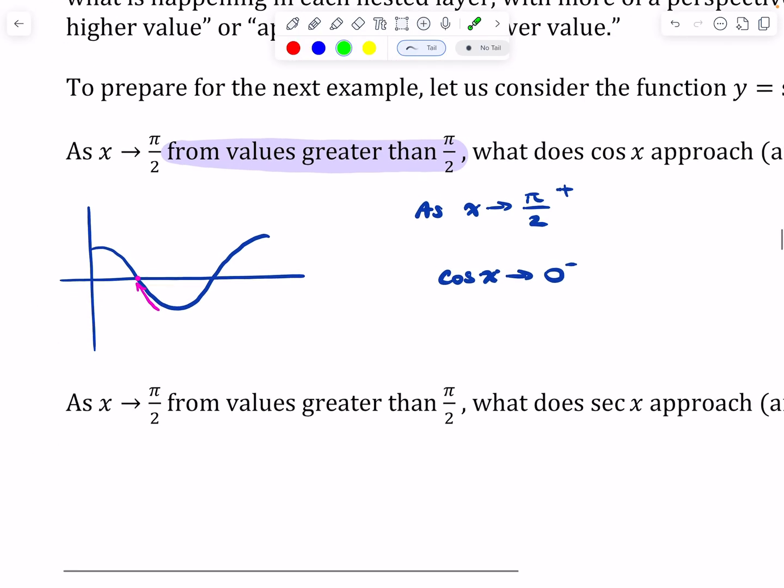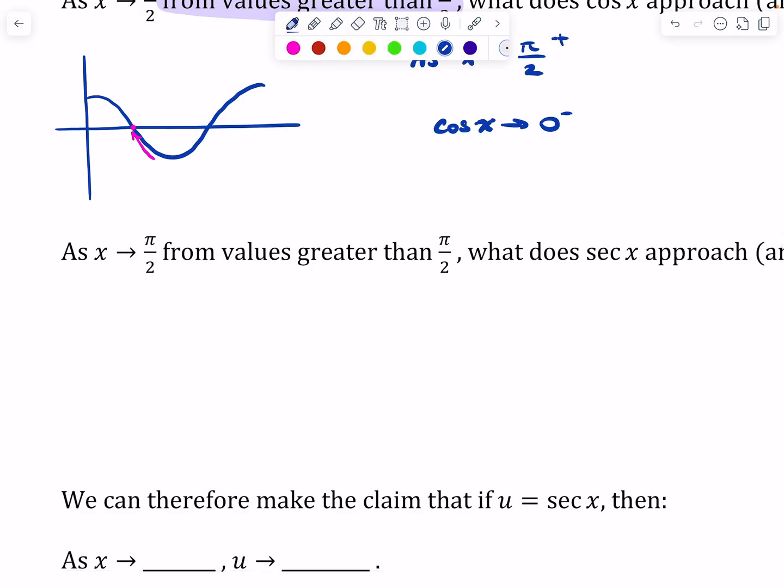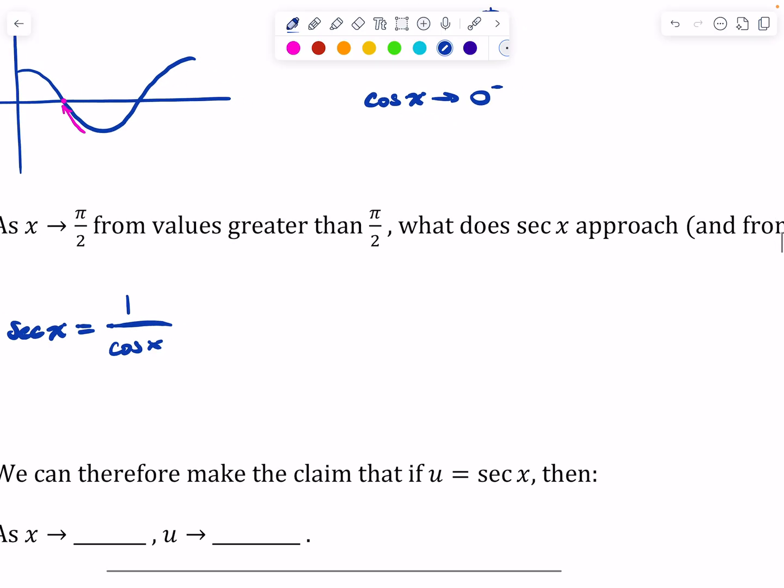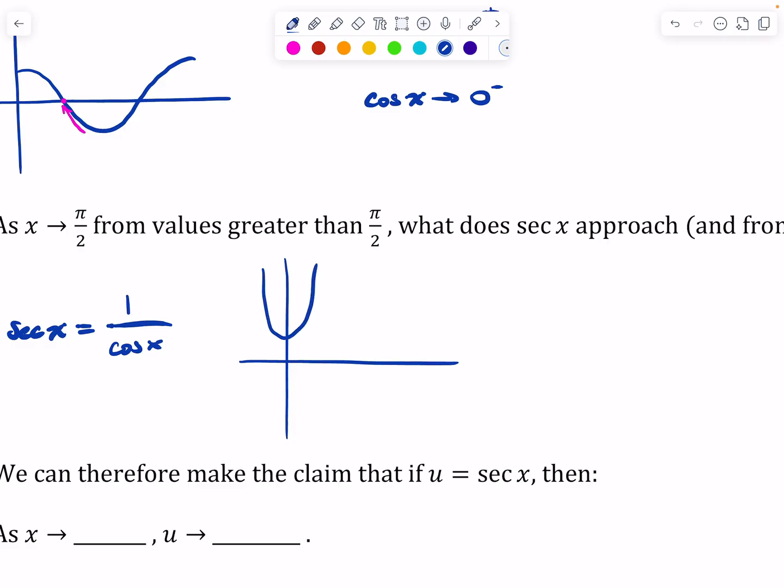So since we also know that secant of x is 1 over cos of x, we can look at that graph as well, if you want. Which is something like this.